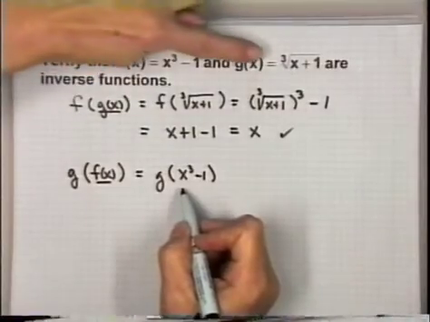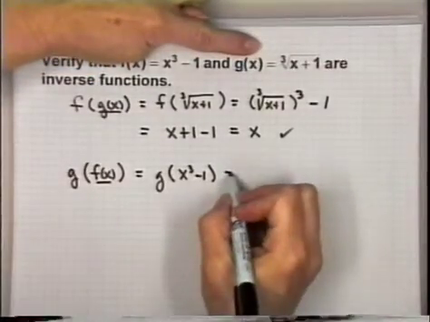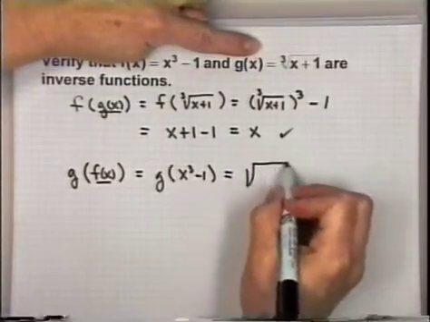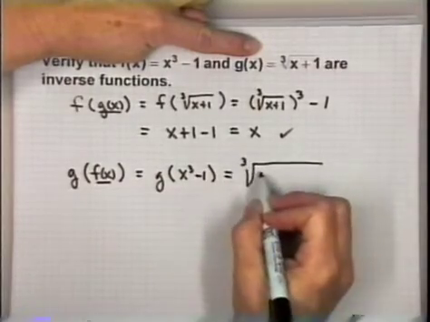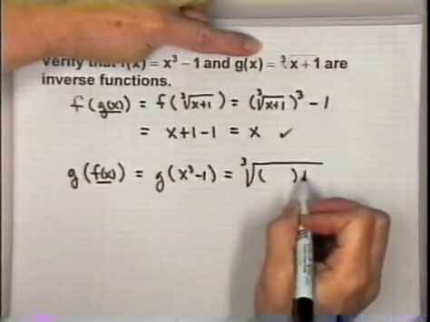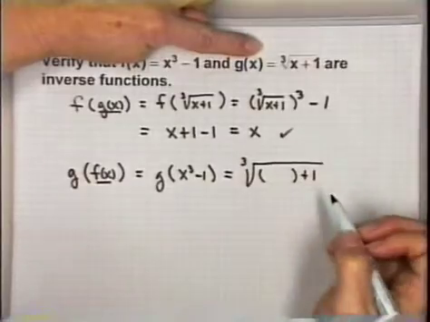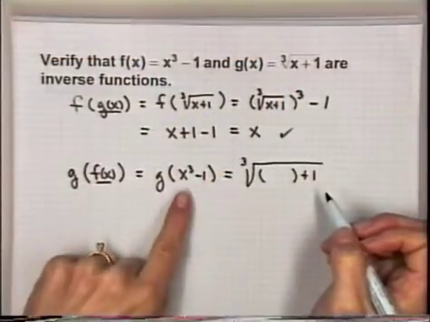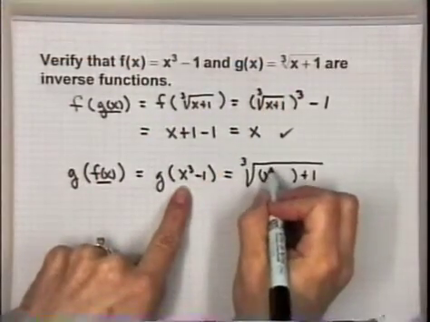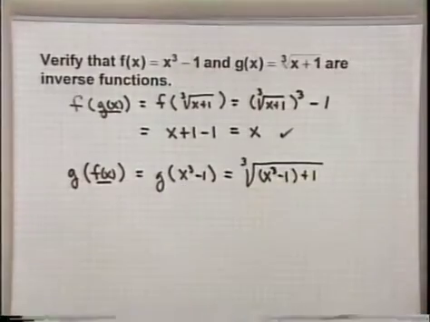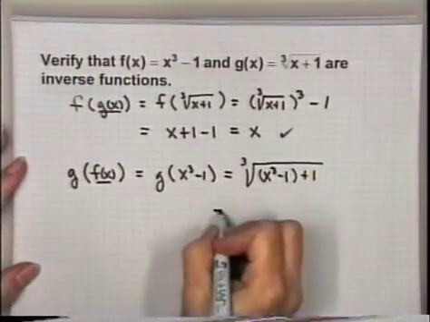So let's look at g up here. We're going to use this structure right here. Function g is the cube root of something plus 1. Notice the x. So we're replacing this x with x cubed minus 1. Okay, let's simplify.